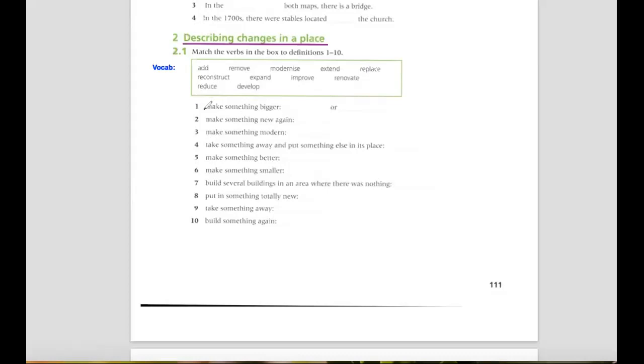So to make something bigger. So there are 2 words we can use, and we looked at them right in the beginning when we talked about changes. So to make something bigger, we extend it, or we expand it.